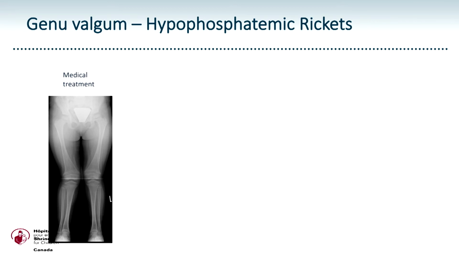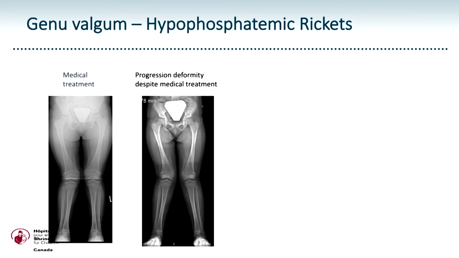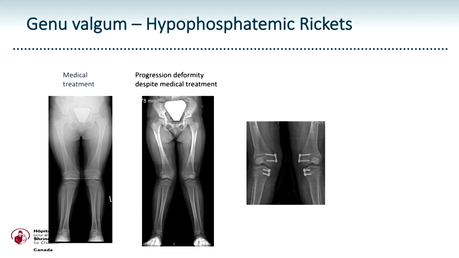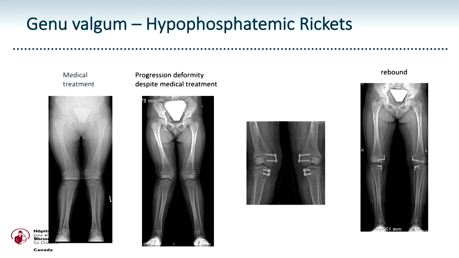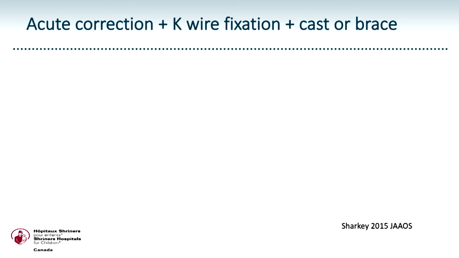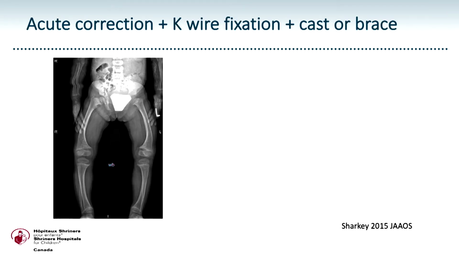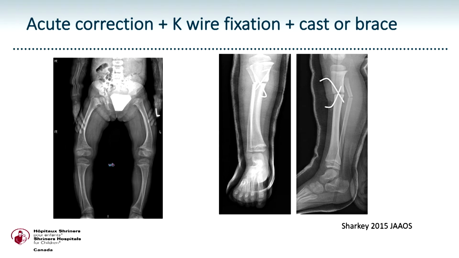Another example is a genu valgum case in a skeletally immature patient that was treated with growth modulation and had overcorrection and then rebound. In small kids, you can do acute correction with stabilization with a cast and simple tools like K-wires.